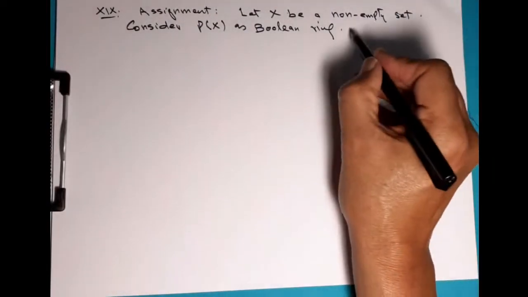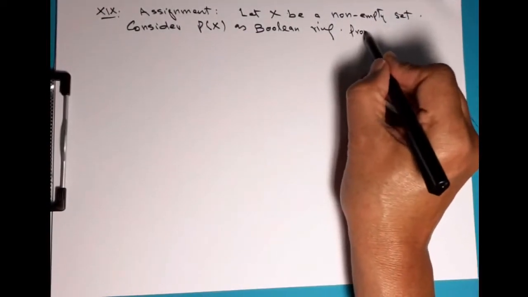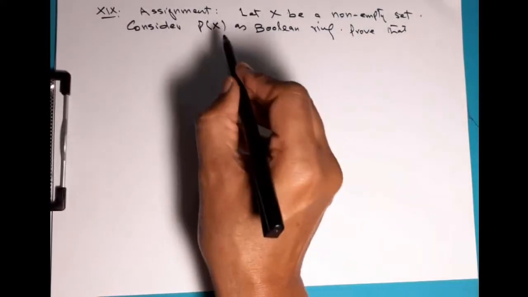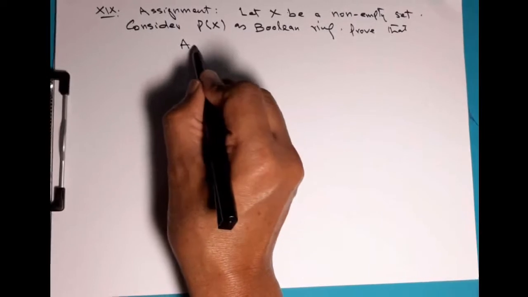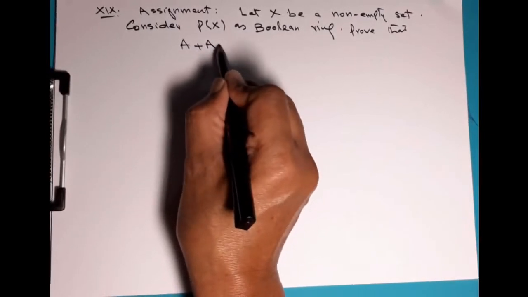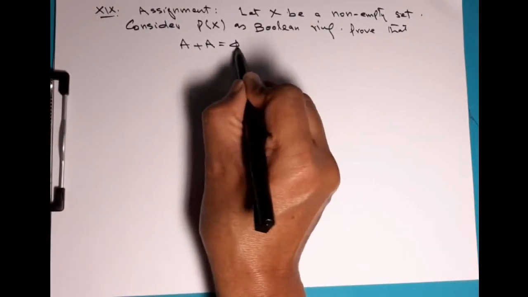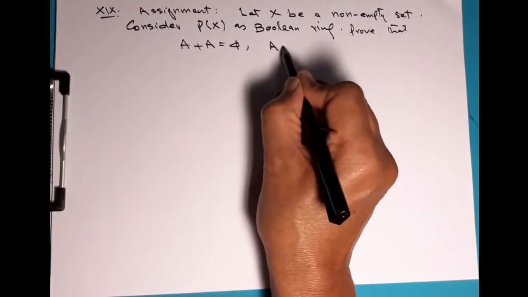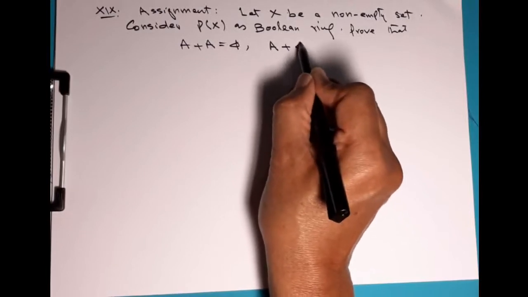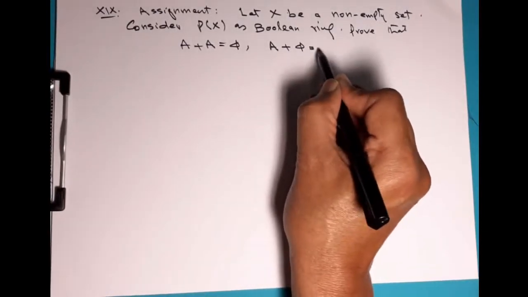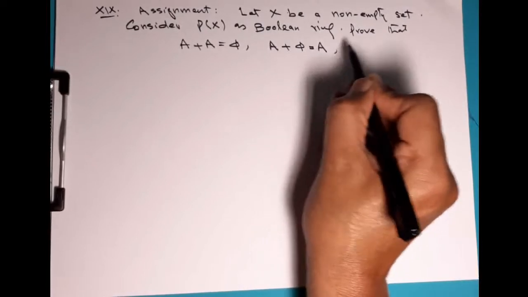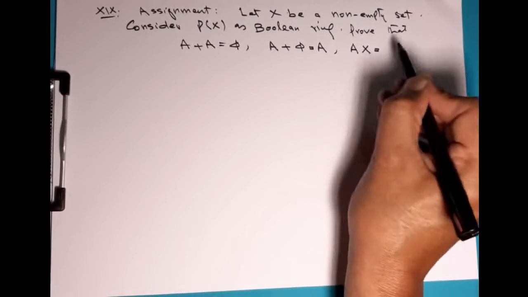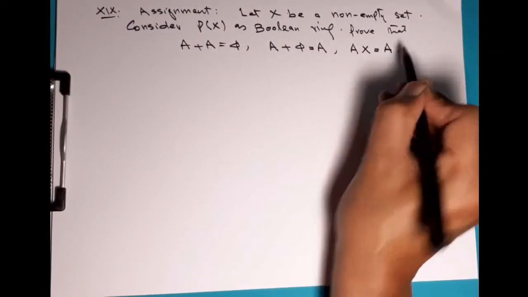So your assignment is to prove that, with the above definition of addition, A plus A is equal to the empty set, and A plus the empty set is equal to A, and A multiplied with X is equal to A. So this is your assignment.